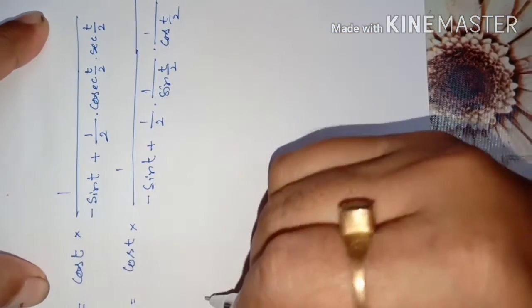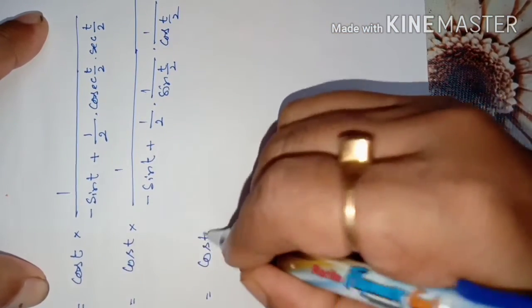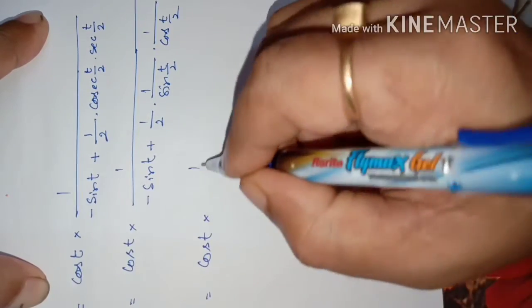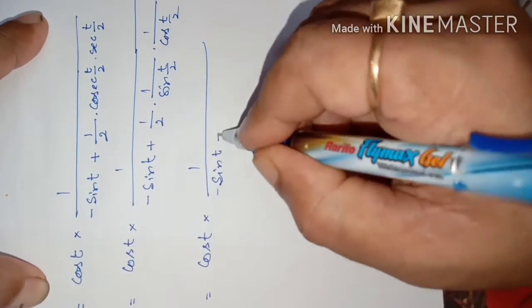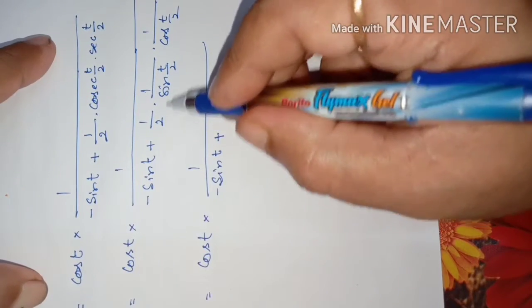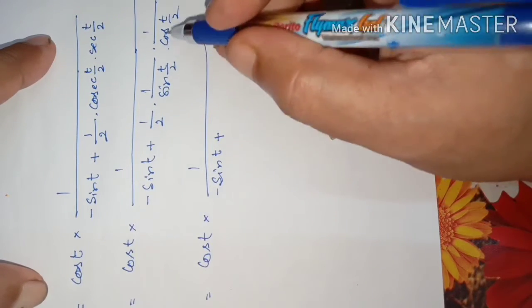So it is cos t into 1 by sin t minus sin t plus, this is again twice sin t by 2 into cos t by 2.